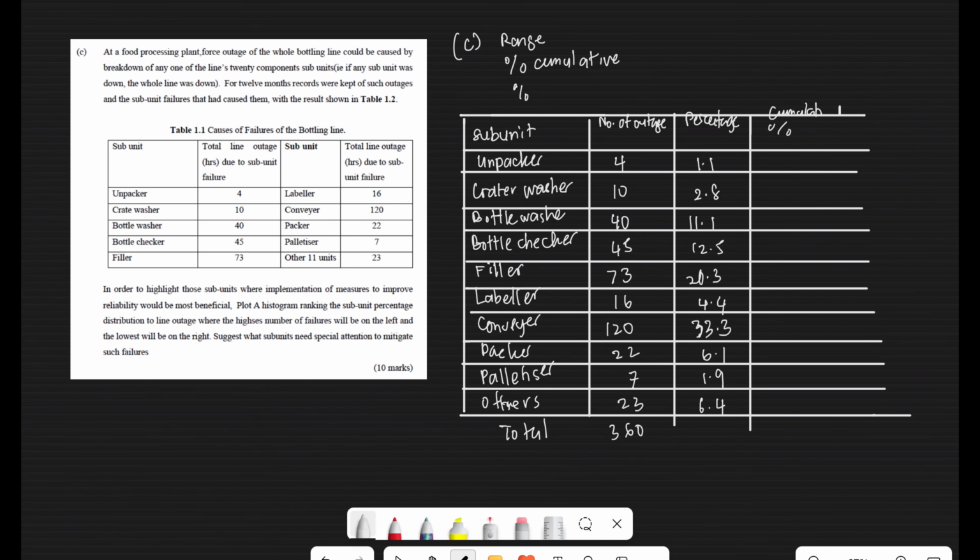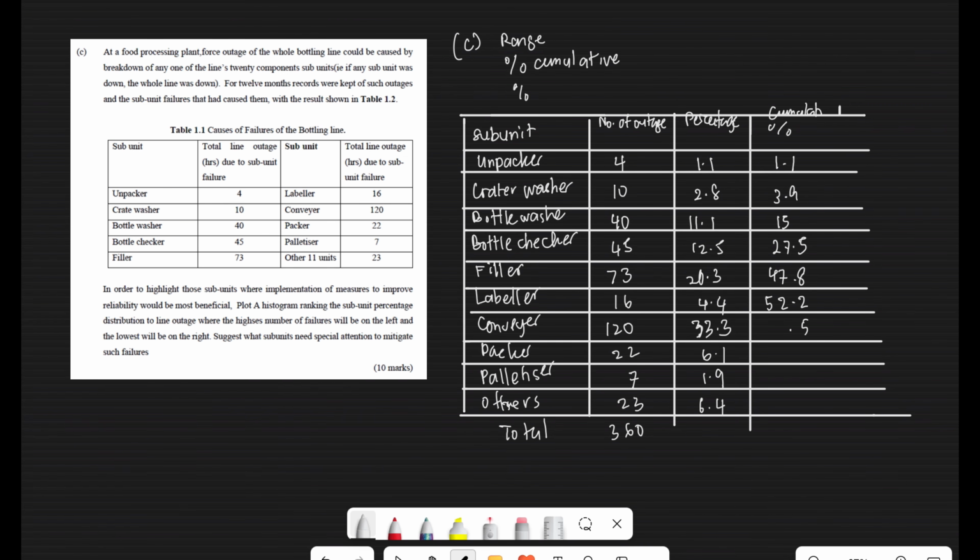Okay, and then that is the cumulative, so you add up 1.1, 3.9 plus this one, 12 plus 3 is 15. Okay, 15 plus 12.5 is 27.5. Okay, 27.5 plus 20.8 is 47.5. 47.8 plus 4.4 is 52.2.